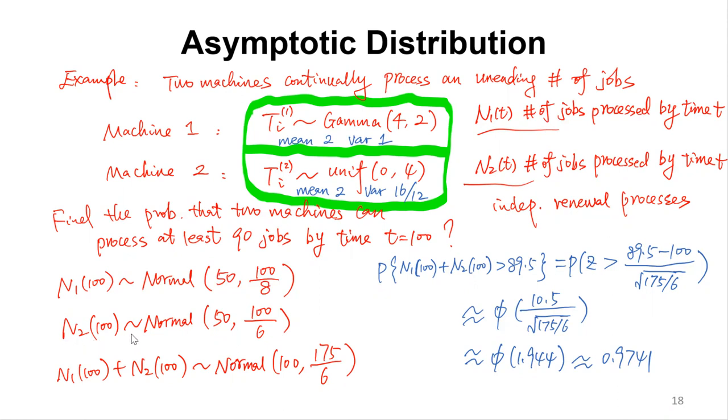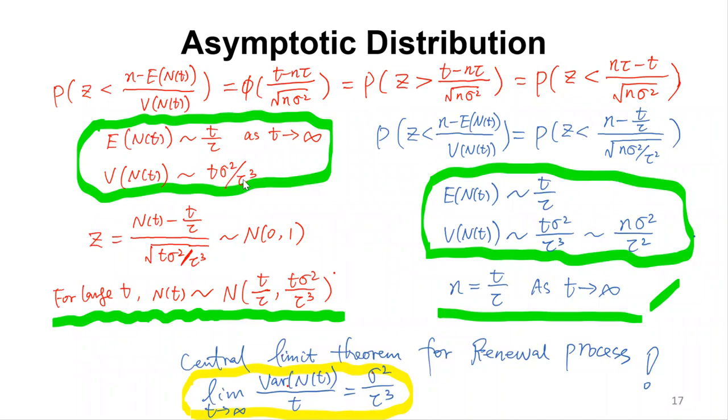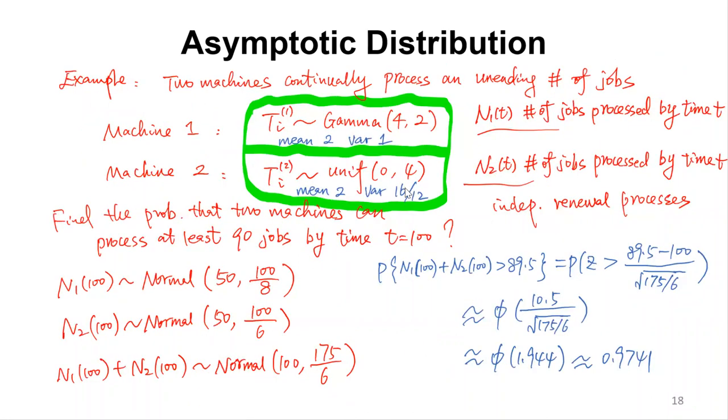And for machine 2, similarly, it is normally distributed with mean t over tau, so 100 divided by 2 is 50. And then the variance is 100 times 16 over 12, divided by 8. With a little bit of derivation, you can get 100 over 6.